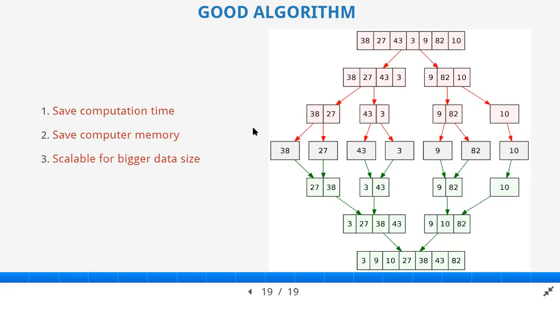We compare 43 with 3, and we know that 3 is lower than 43, so we change the position. So by splitting the numbers into smaller groups, we can rearrange the numbers from minimum to maximum faster.